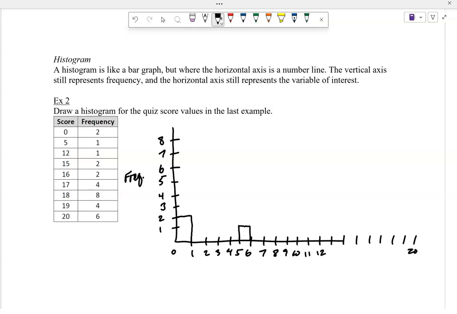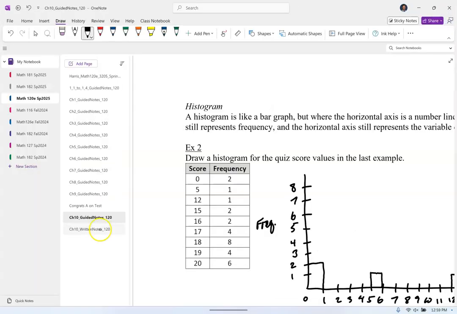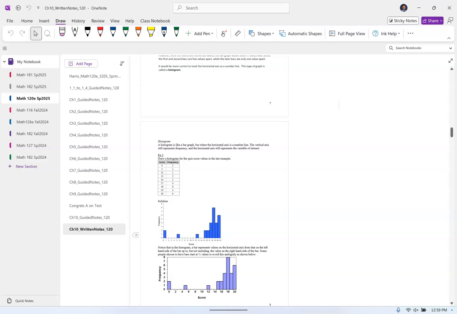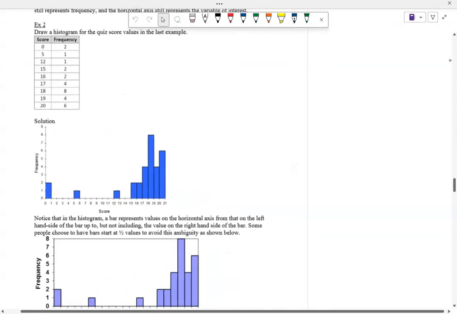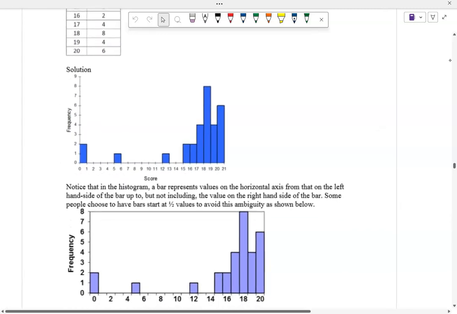I had 1. 13, 14, 15, we had 2. And so on. Anyways, I got a nice picture of it right here. I'll show you right there. You can see that histogram right there, right?